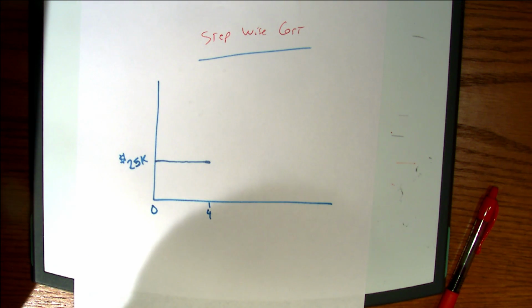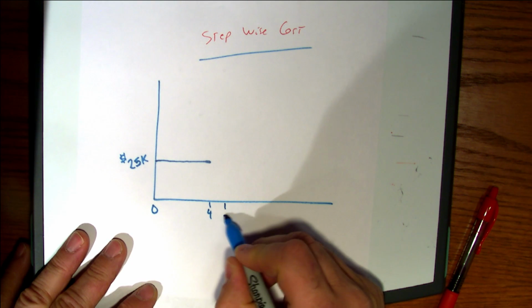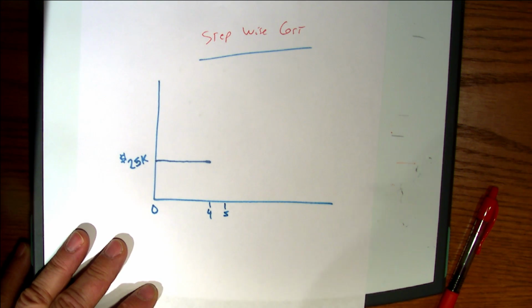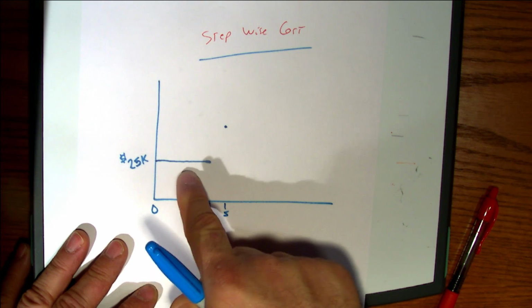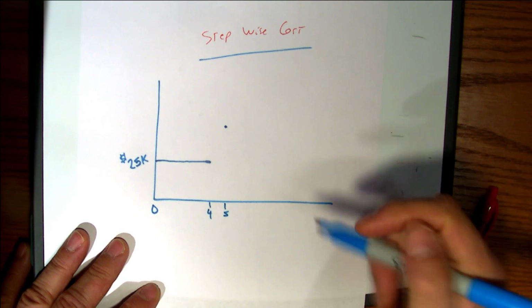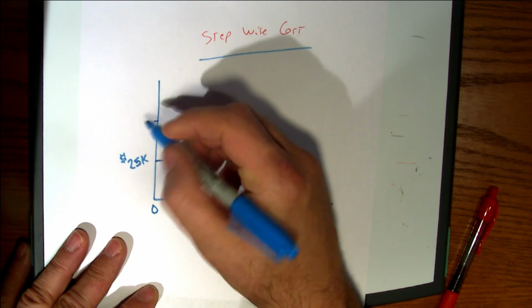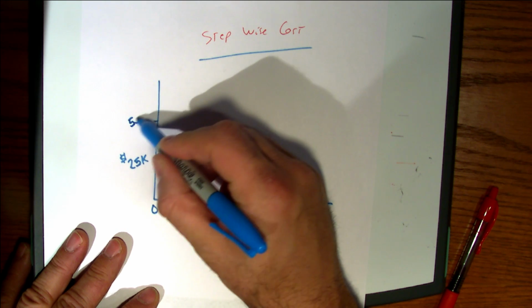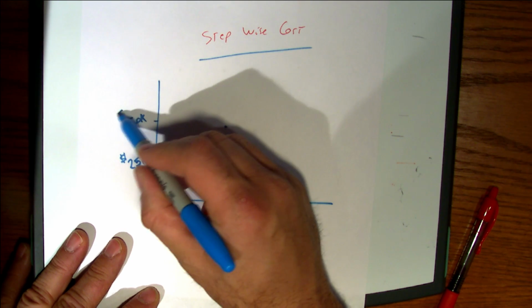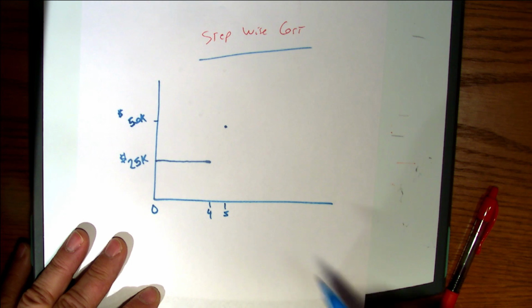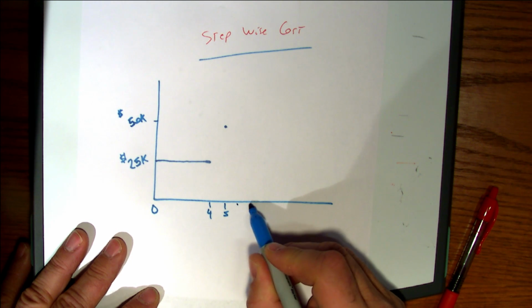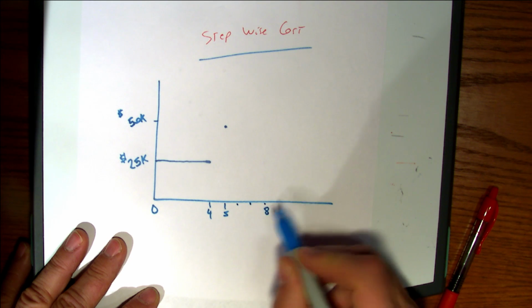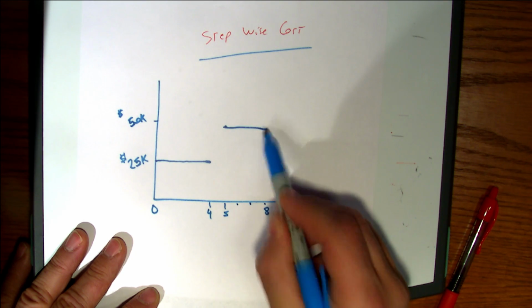Does that make sense? But if a 5th kid came on board with his family signing a contract, they would not work this person a few more hours. They would not hire somebody part-time. They would hire an additional worker at another $25,000, so the total salaries would be $50,000. And that was sufficient, they felt, for 5, 6, 7, and 8 kids.